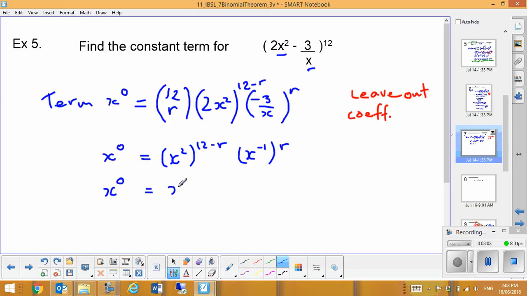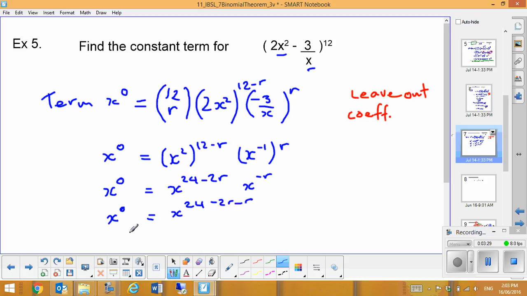So that's the same as x to the 24 minus 2r, times x to the minus r. Now we know if we've got the same base and we're multiplying them, then we can add exponents. So we've got x to the 24 minus 2r minus r makes minus 3r.